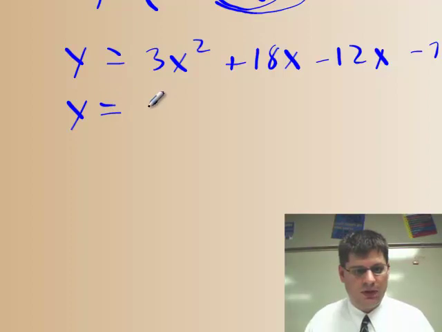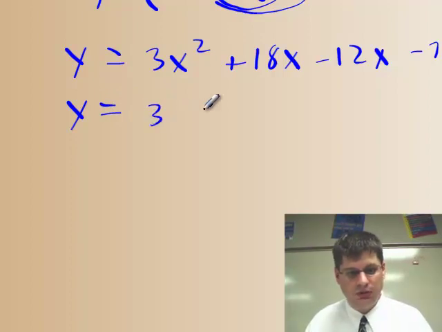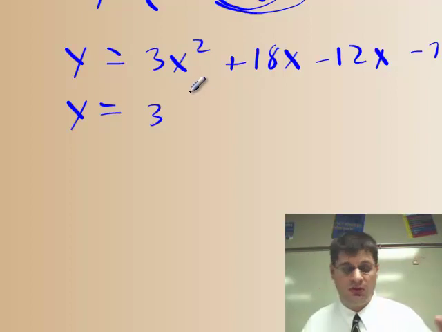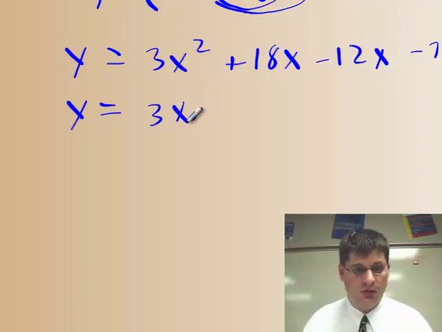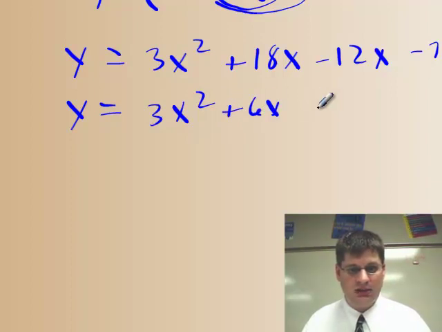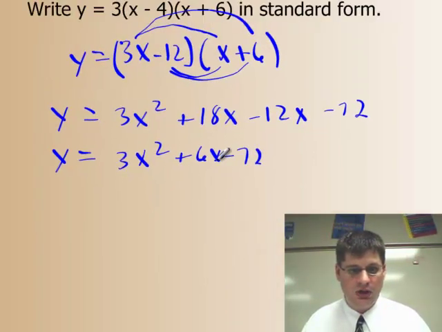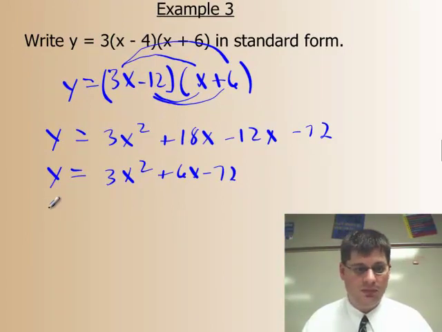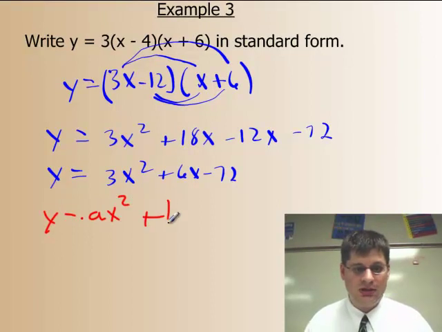Now we just simplify. So you just distribute, think of it as distributing the first term to both terms and the second term to both terms of the second binomial. So 3x squared plus 6x minus 72. So now it's in standard form, y equals ax squared plus bx plus c.